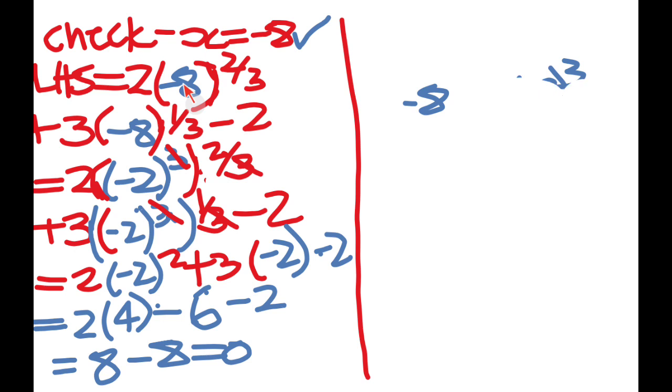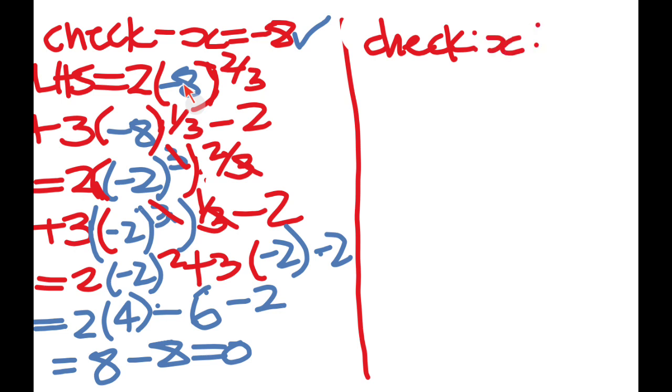Let's check the other one. X equals 1 over 8, I mean. Let's check. Sorry about that. Let's check x equals 1 over 8. Now you substitute 1 over 8 everywhere.